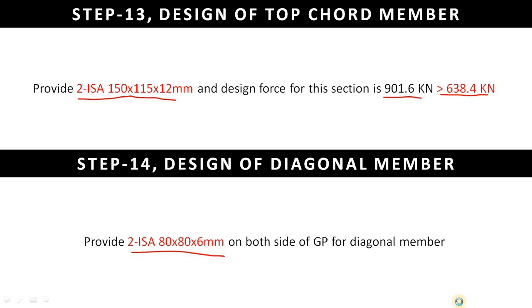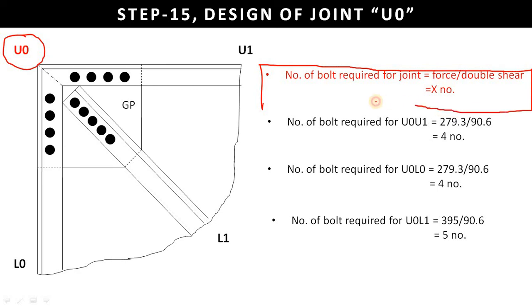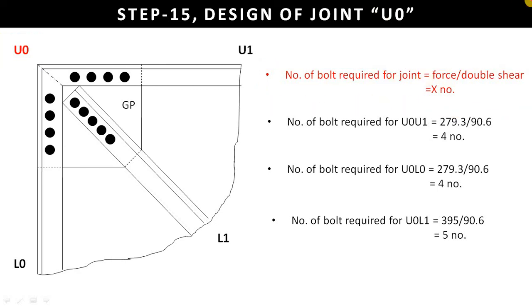Now coming on to the last step, which is step number 15, design of a particular joint. So I have taken the joint as U0. I have shown only one joint. You can further go through different joints. So the main formula for calculating the number of bolts required at a particular joint will be force upon double shear.